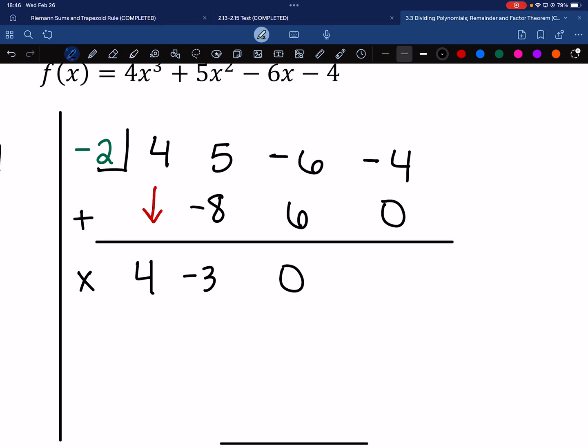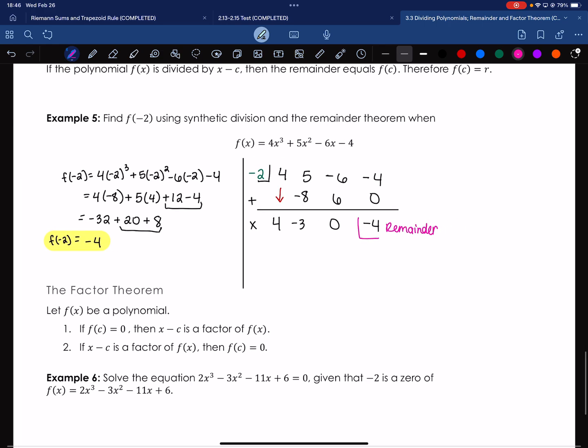And -4 plus 0 is -4. You have your remainder. Oh my goodness. And your remainder is the answer to the problem.